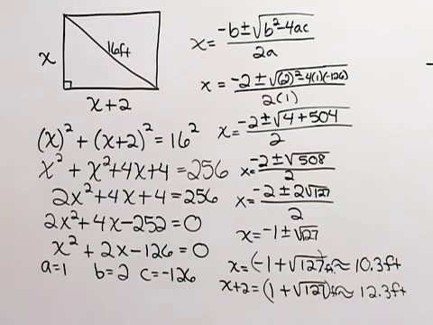So the dimensions of the room are going to be negative 1 plus the square root of 127 feet by positive 1 plus the square root of 127 feet, which is approximately 10.3 feet by 12.3 feet.